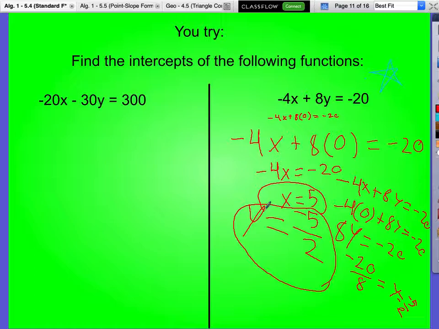Then I decided to take 4 times 0, because now I'm looking for y. That is also 0, because anything times 0 is 0. Then I had 8 dividing into negative 20, which doesn't work out, so it was a fraction. I simplified it by 4, and I got negative 5 over 2. Questions on that, class? Very good, Nate.